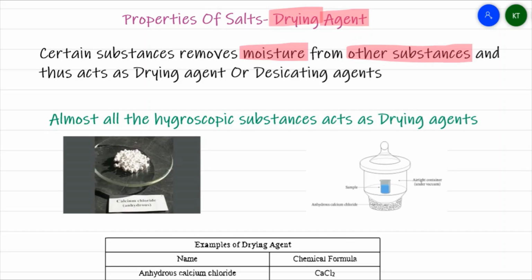Drying agents are the substances which are used to remove moisture from the gases or other substances, and they are also commonly known as desiccating agents. Towards the end of this video, we are going to discuss what a desiccator is and how it is used. Most of the hygroscopic substances have been employed as drying agents to dry the gases.